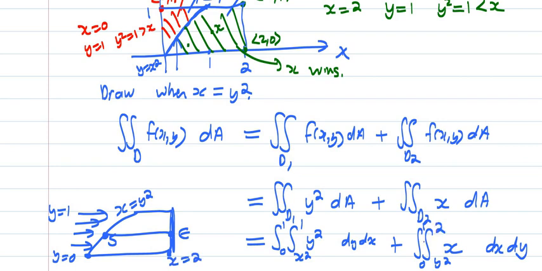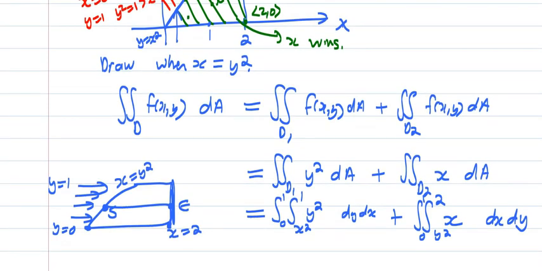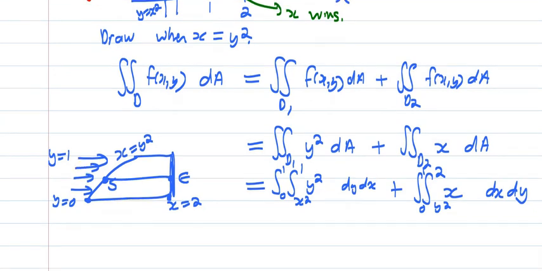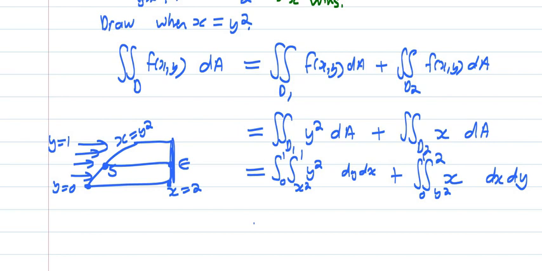So it's a double integral from 0 to 1, integral from y squared to 2 of x dx dy. So here I've treated D1 using vertical bullets and D2 using horizontal bullets, hence they have different orders of integration. I'm going to leave it for you to do the calculation over region D1.